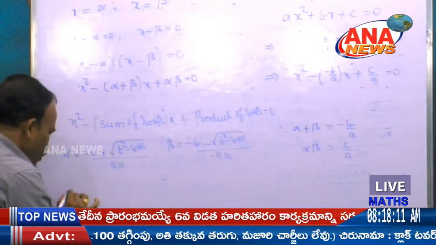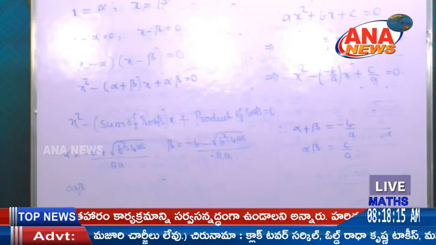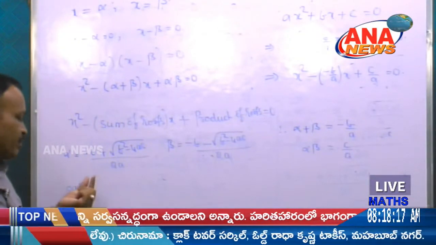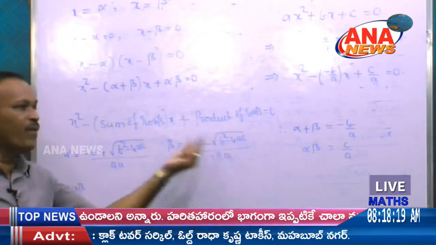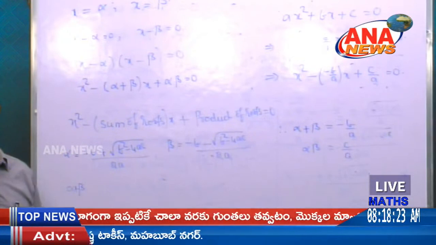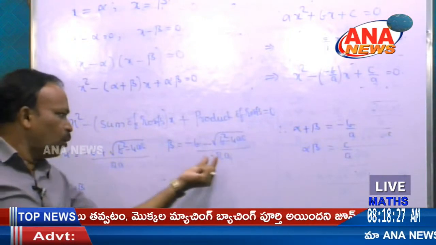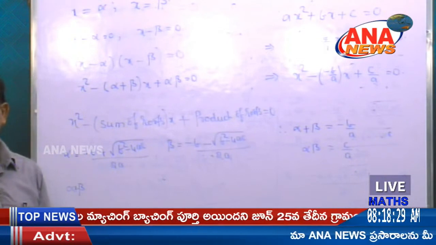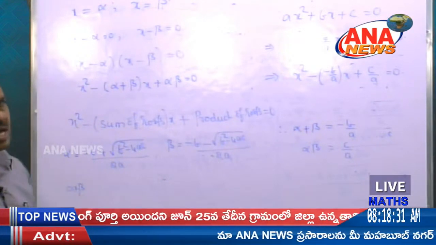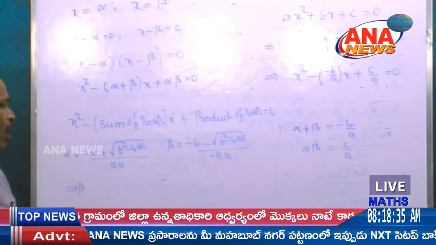So what is alpha plus beta? The sum of these two values. Is it minus b by a or not? Verify. The denominators are the same, 2a, so just add the numerators.